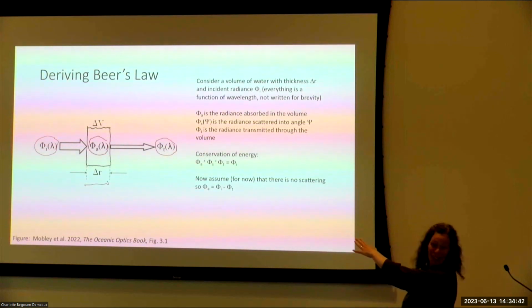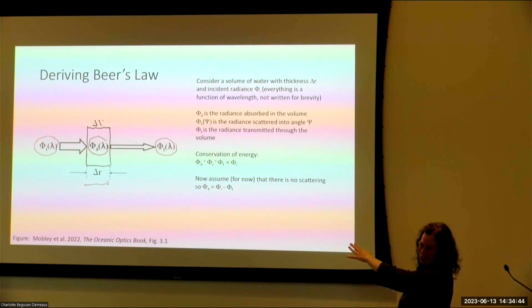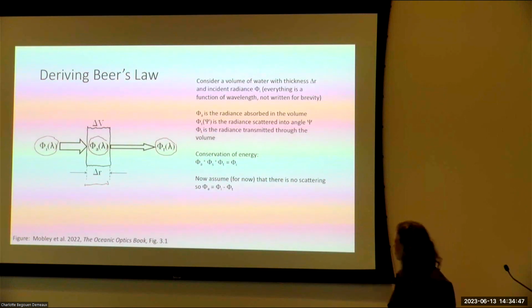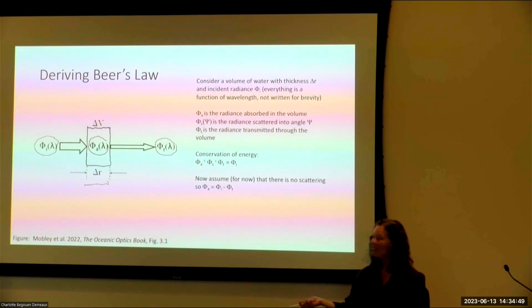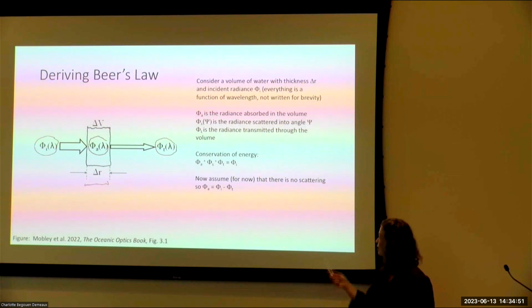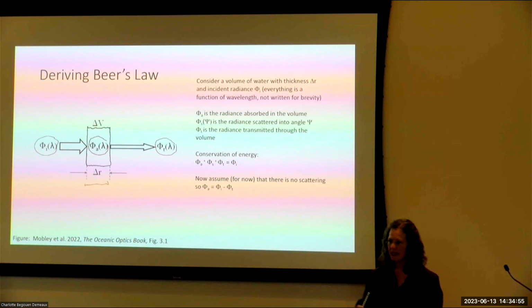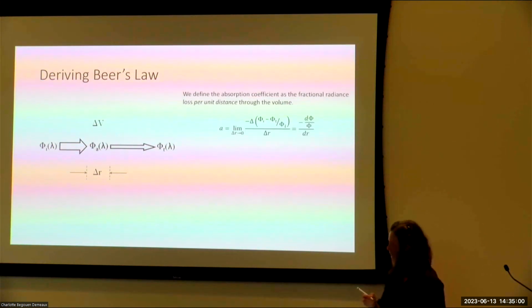So this is our hypothetical volume, the absorbing scatterer. We're assuming no scattering. So now the light that's absorbed is equal to the light that came in minus the light that's transmitted. I'm going to draw the box again.